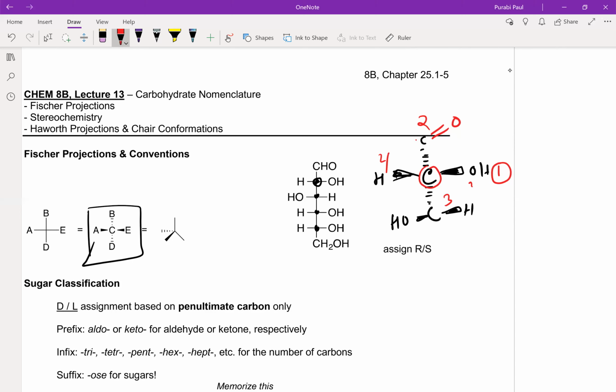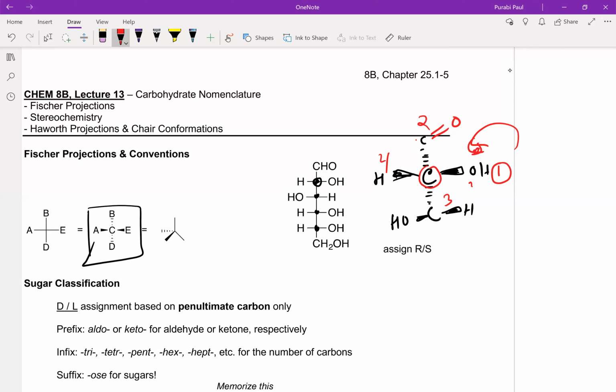Which direction is that going in? If you trace it, it's going in this direction, which is counterclockwise, and you know that counterclockwise is S. So you came to the conclusion that it's S. But then you take a look and see that your lowest priority substituent, which is hydrogen, is on a wedge.